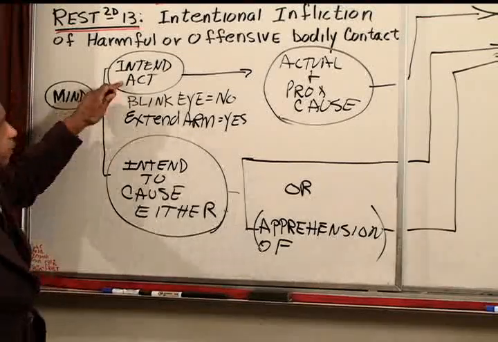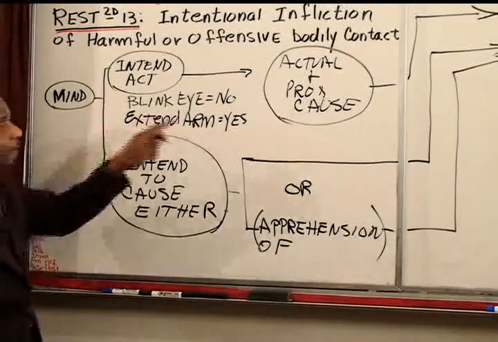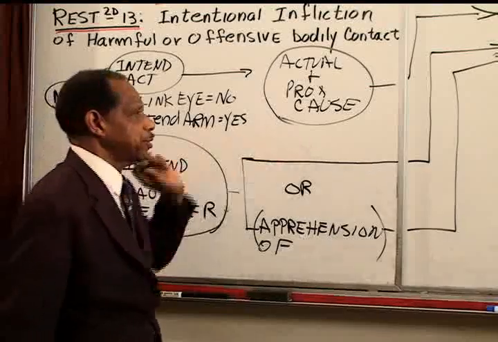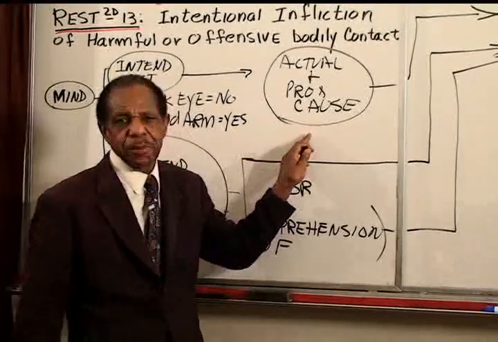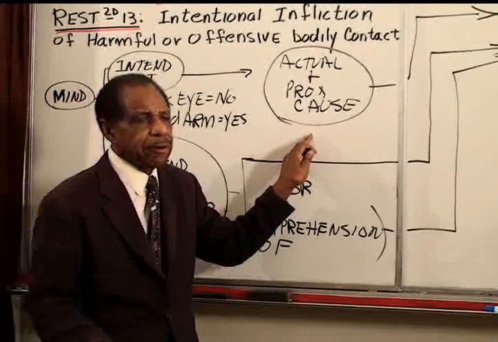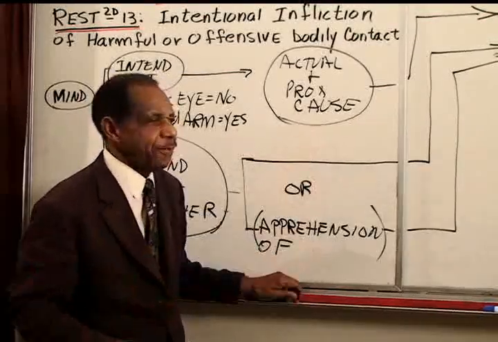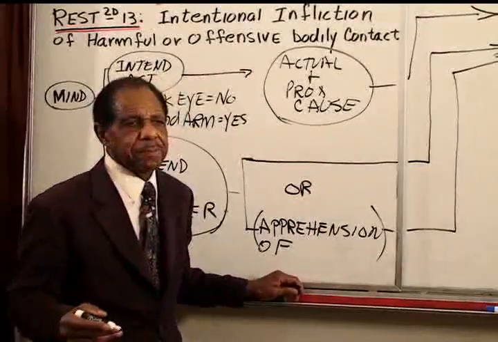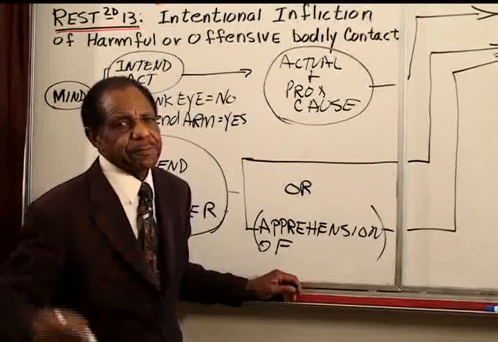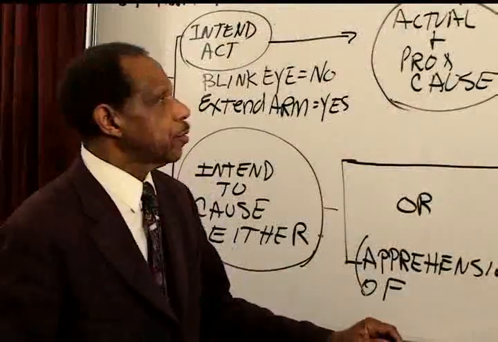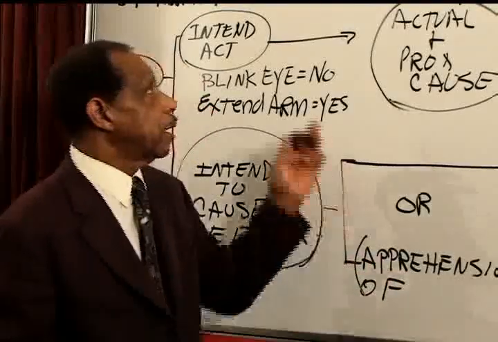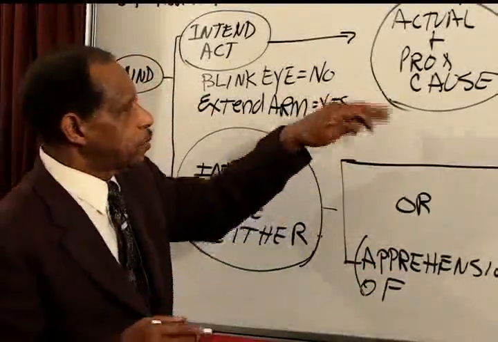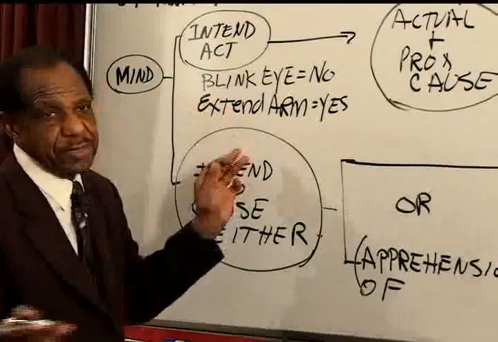First of all, the volitional act, we've already talked about that. The actual and proximate causation. Now, this is rarely a problem with intentional torts, because the courts stretch to find liability if somebody intended to do something bad, so they're not going to cut off their liability very easily. And so you see hardly any discussion about this, because it's almost never a problem, and it's never been tested.